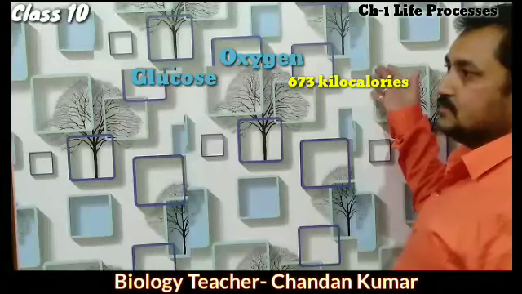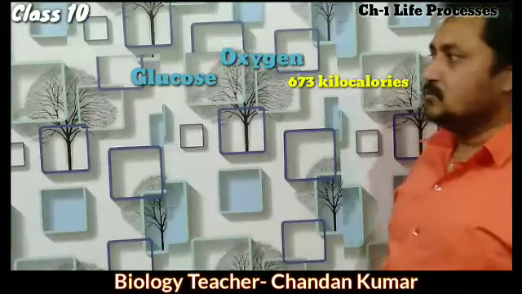After the completion of the photochemical reaction, the plants get glucose and oxygen as products, and 673 kilocalories of energy are liberated in one photochemical cycle.